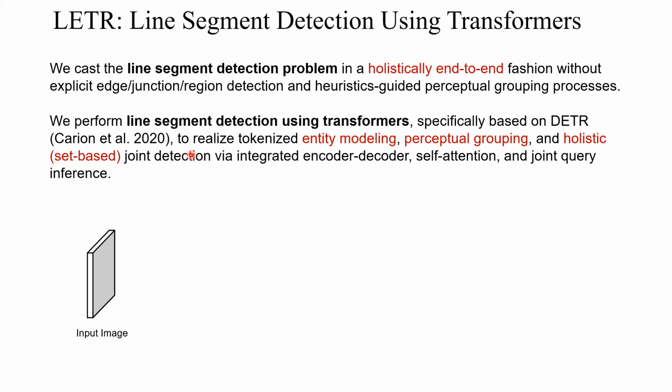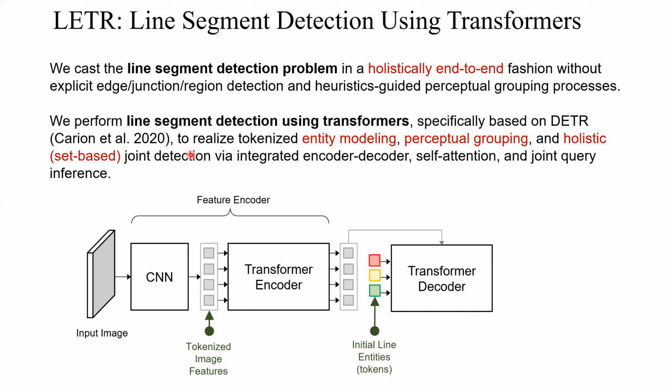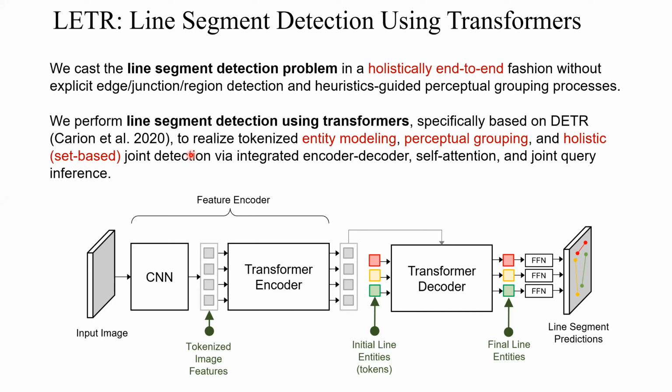So in spite of that, DETR and the recent transformer architectures have potential power in performing grouping or relationship detection. So we propose this very simple architecture, replacing the bounding box errors directly by point-wise errors.